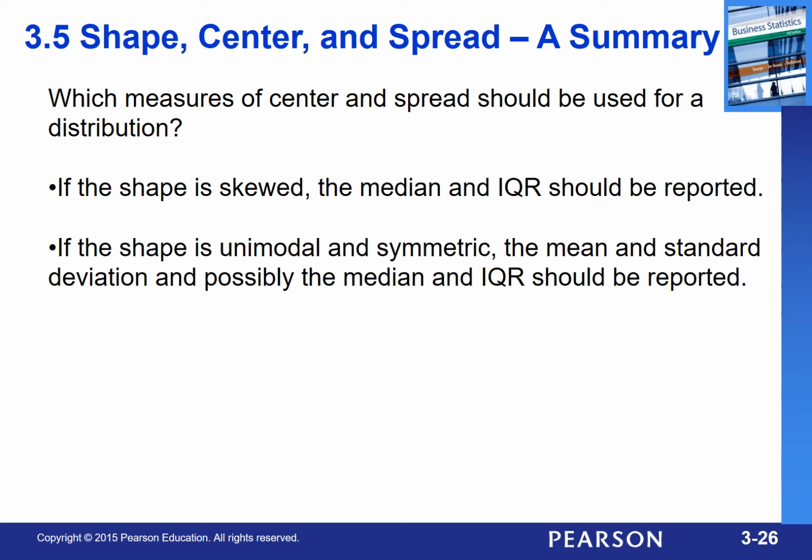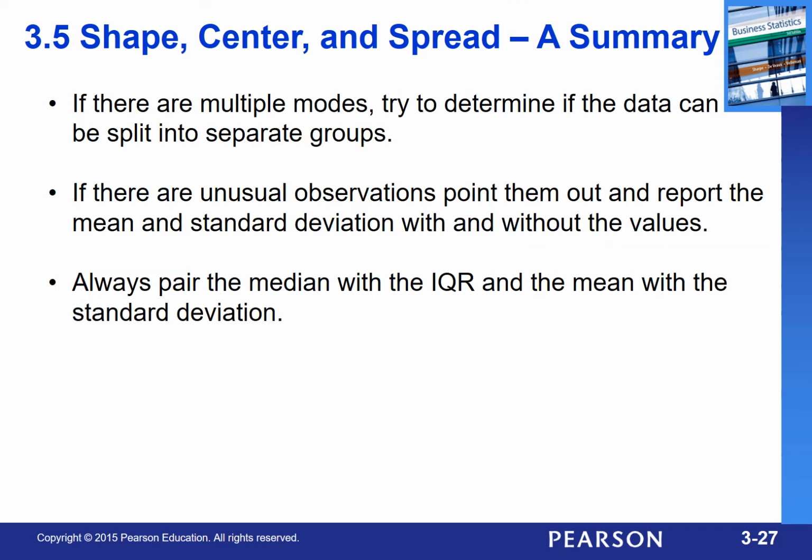I consider the IQR a little more informative than the standard deviation, just because it tells me about where 50% of my data is, the middle 50%. More information is better, but making sure that you're specific about how you use that information is the best.